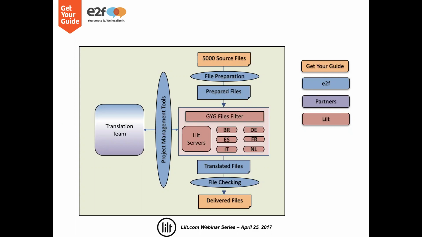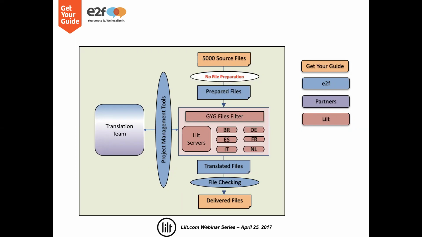I usually say the LILT magic, which is the auto-adaptive machine learning. Then there is all the post-editing that's managed through project management. So the translators post-edit, do the final checks, make sure the character limitation is okay, and they deliver to us. Of course, it didn't happen like that.